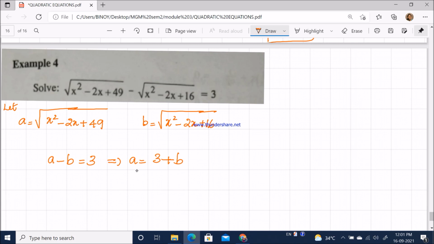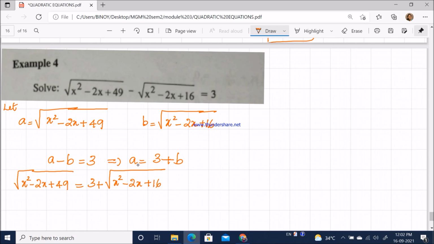So I am going to substitute the value of a over here. The value of a is root of x square minus 2x plus 49, which is equal to 3 plus the value of b, root of x square minus 2x plus 16.